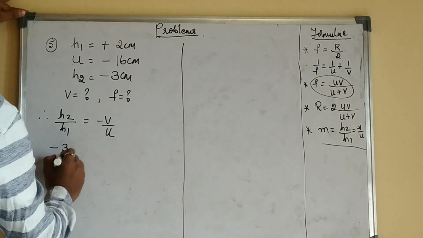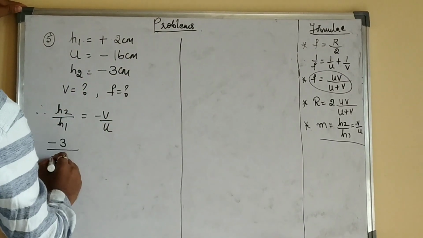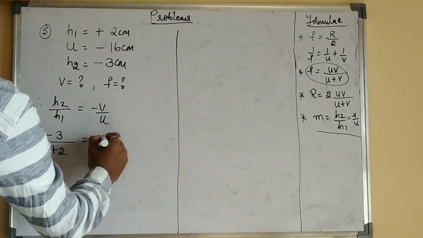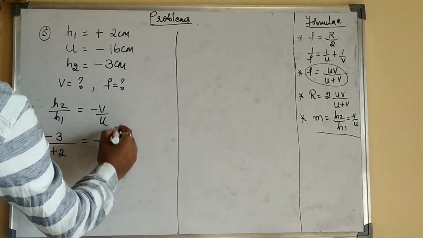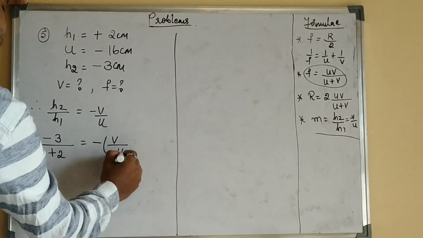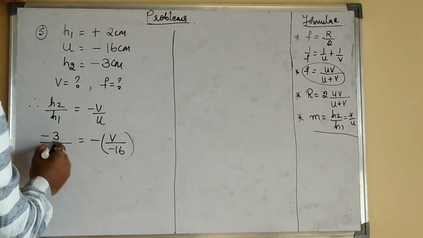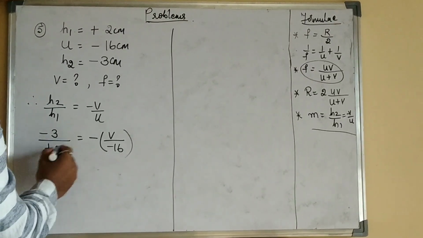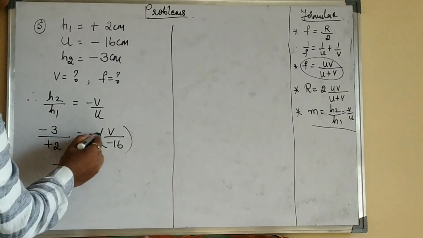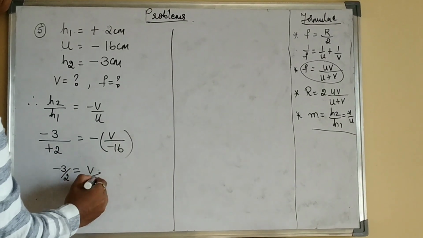Minus 3 centimeter divided by what is H1? Plus 2 centimeter is equal to, you don't know the V, take it within the brackets, V divided by U is given, that is minus 16. Now minus 3 divided by plus 2 means minus 3 by 2 is equal to, so minus divided by minus is plus V by 16.